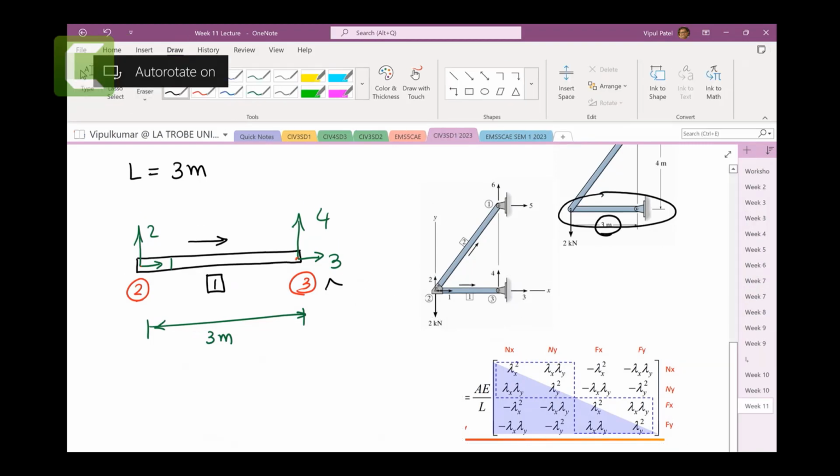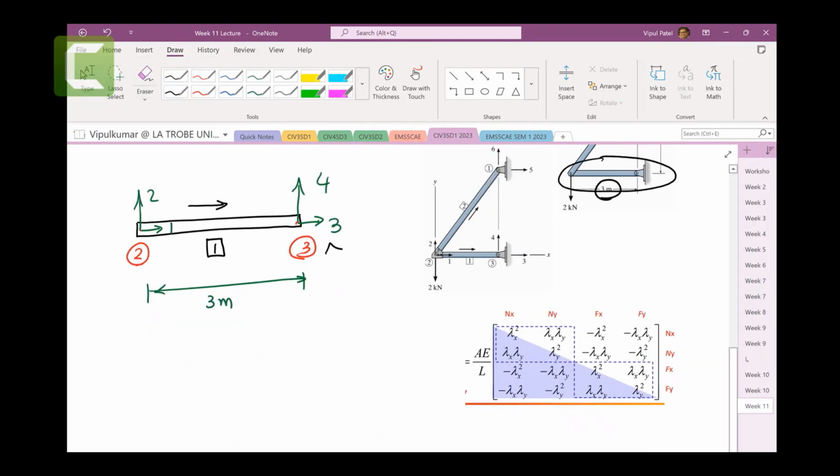Now in here, this is, let's say, the stiffness matrix represented by small k1. If you look at this one, this is the global coordinate. You can look at this x and y. That is the global coordinate, where I have 0, 0 here.